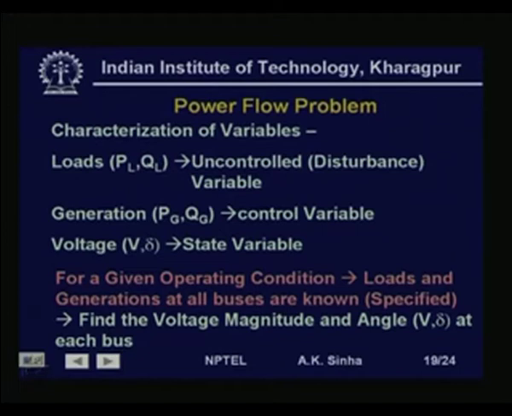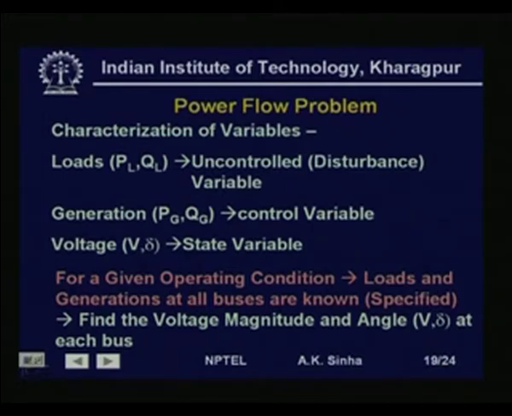Now, what is the power flow problem? The power flow problem is, for a given operating condition, that is loads and generation at all the buses, we have to find out the voltage magnitude and angle at each bus.